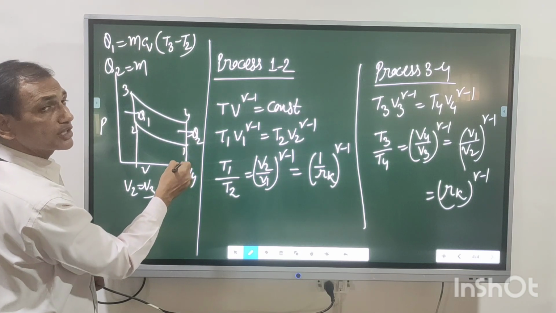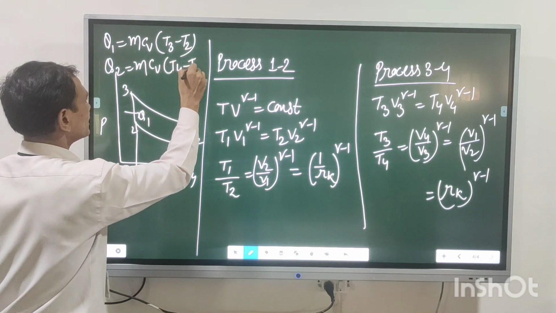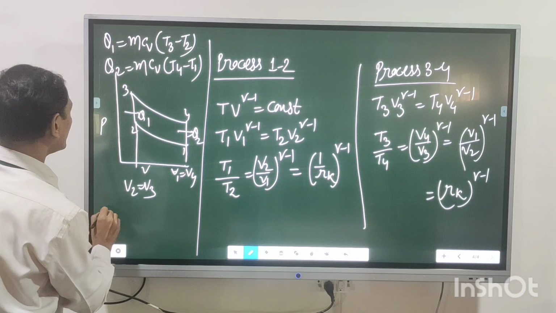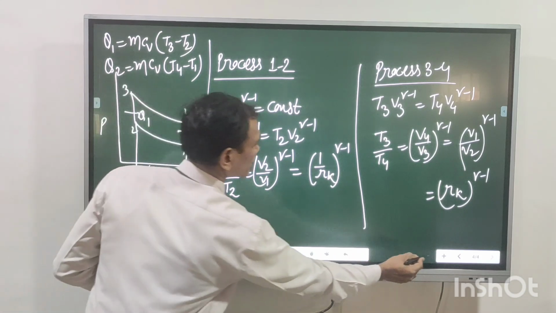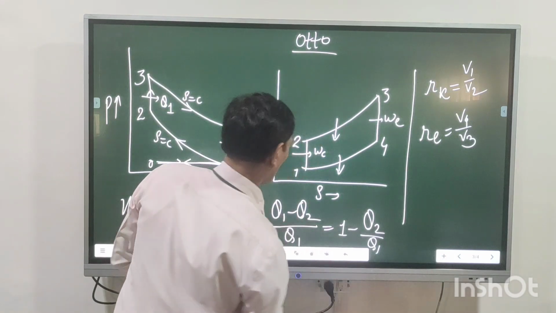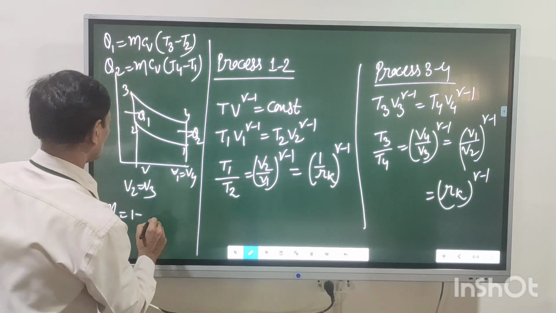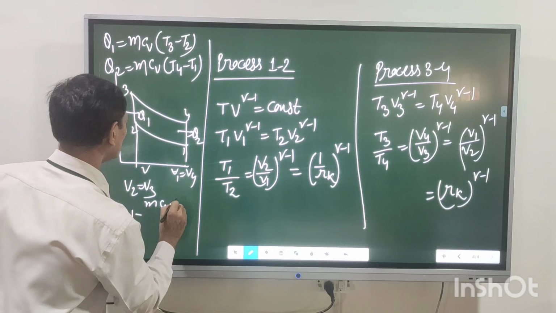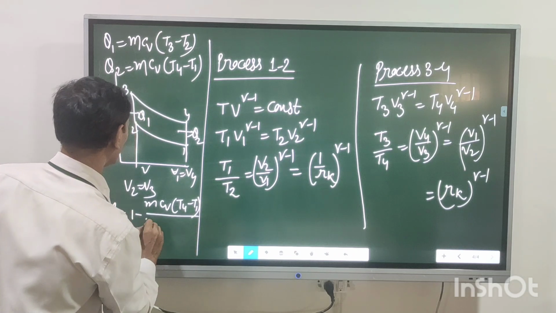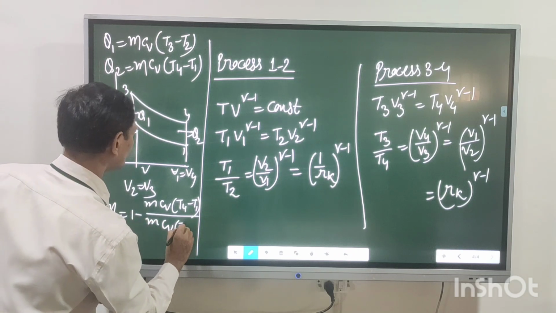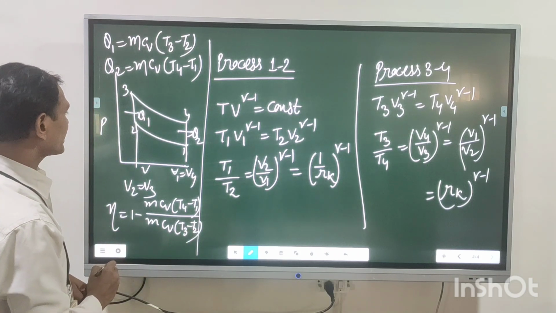So we can write efficiency is equal to 1 minus Q2 upon Q1, which means 1 minus m Cv (T4 minus T1) by m Cv (T3 minus T2).